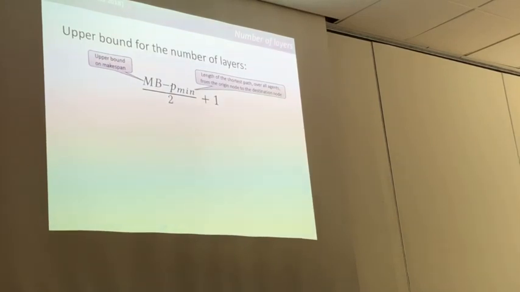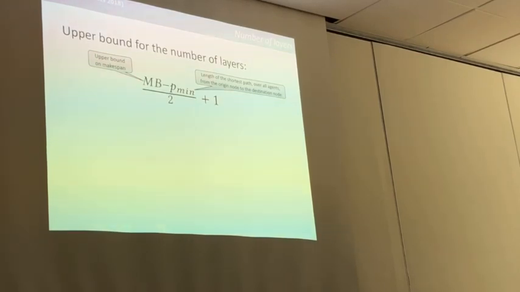Well, it's the number of nodes between the shortest path and the makespan, so that's the difference. But obviously, if I want to revisit the node, first I need to leave it, and then I need to go back. So that's why it's divided by 2. And the +1 is just for one revisit or something like this.